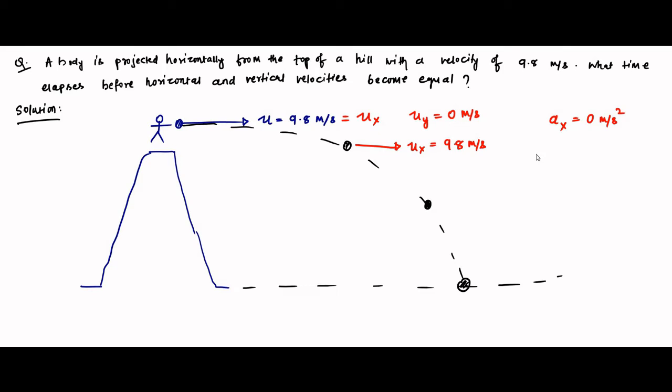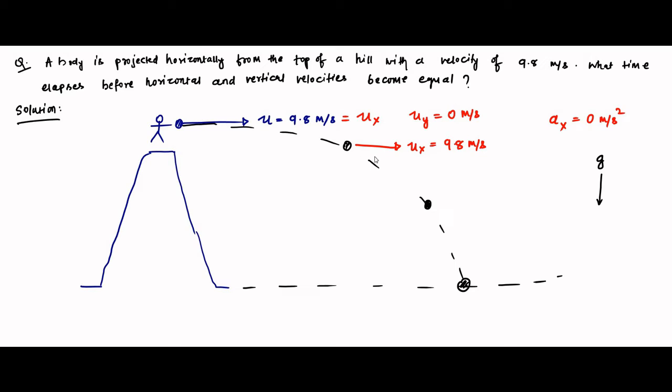But we have gravity acting downwards, acceleration due to gravity acting downwards. The stone is moving downwards, not in a straight downward motion but like this, so it has both horizontal and vertical displacement.